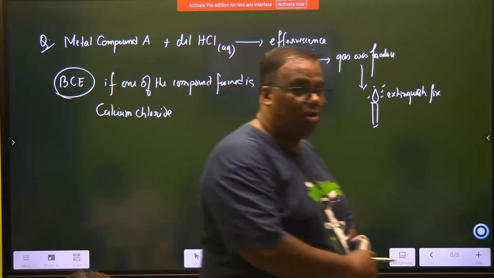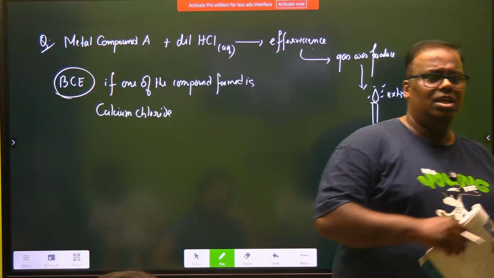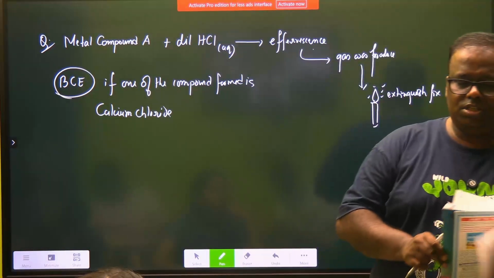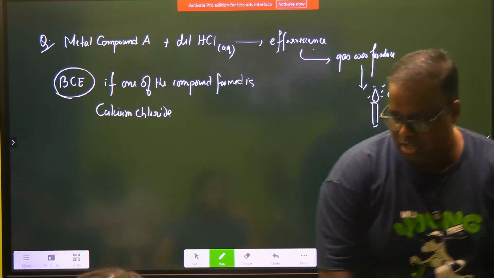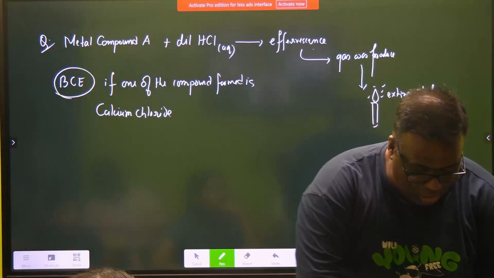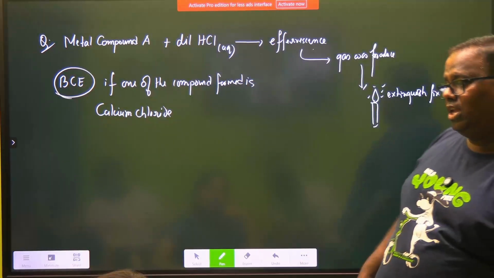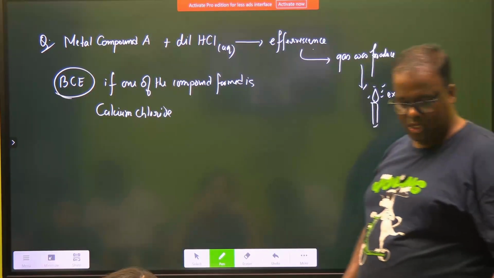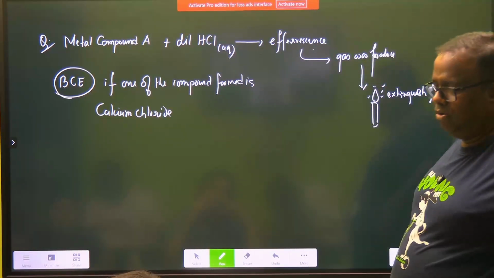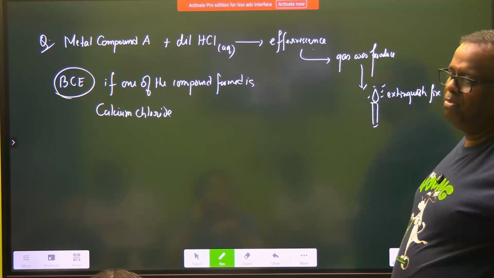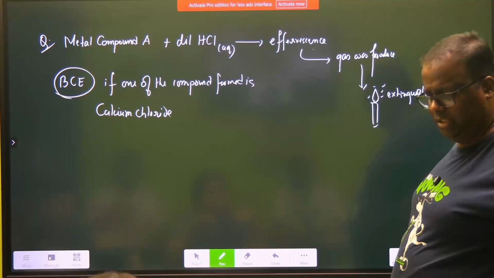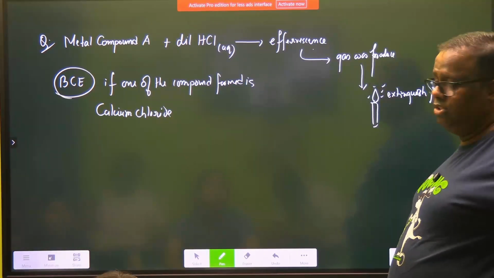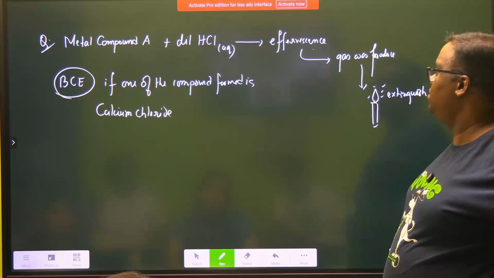One of the compounds formed is calcium chloride. See, carbon dioxide coming out means it's a MCO3 reaction, simple. Now, whether it is MCO3 or MHCO3, that we have to check. I have a metal compound. Metal compound means it has to be a metal carbonate, which reacts with dilute hydrochloric acid and gives calcium chloride.